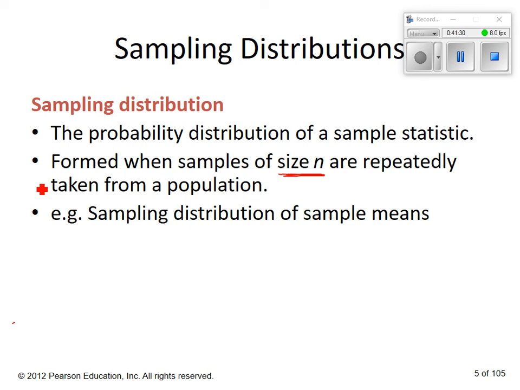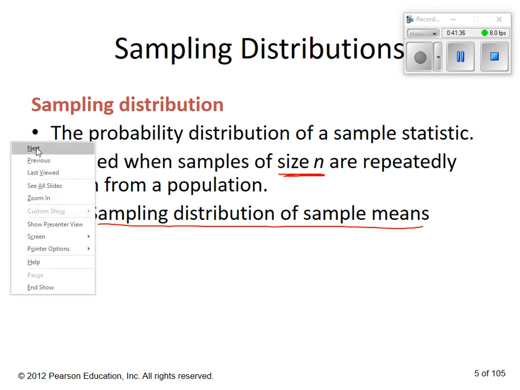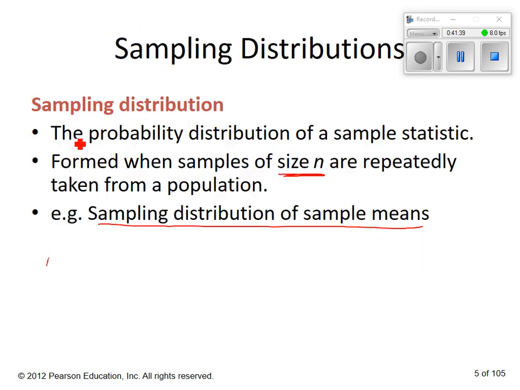Sampling distribution of the sample means. You got to remember this phrase: sampling distribution of sample means. That's what this whole section is about. So you're taking a sampling distribution of all the sample means. All those means that you found, those were the means of the samples.